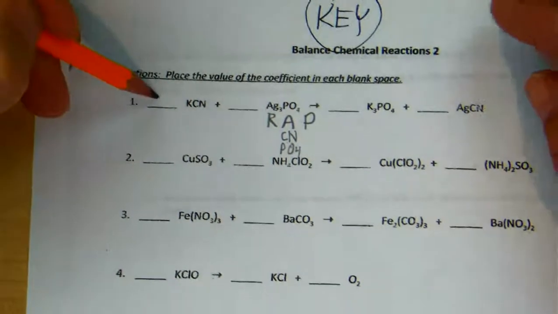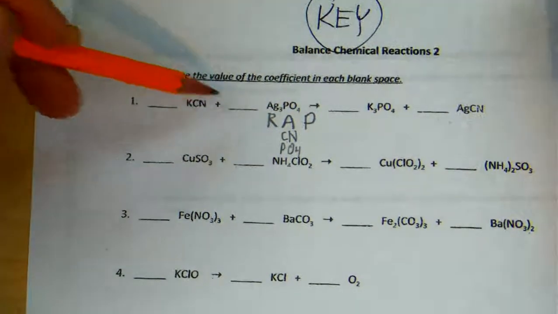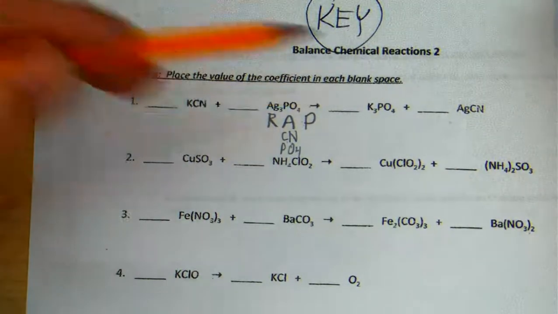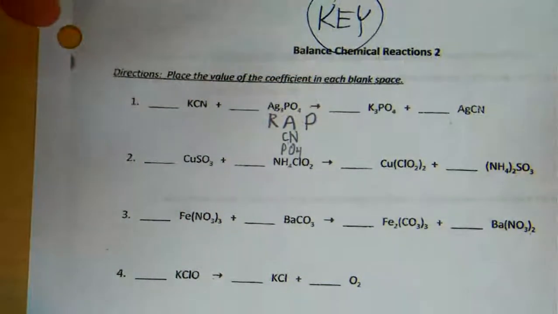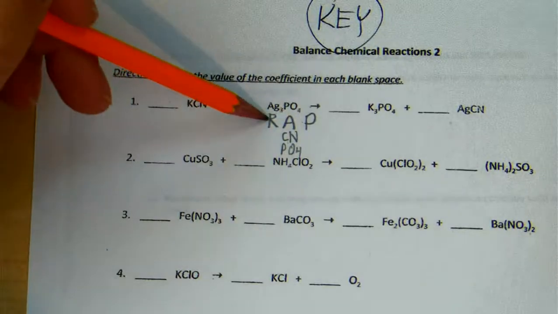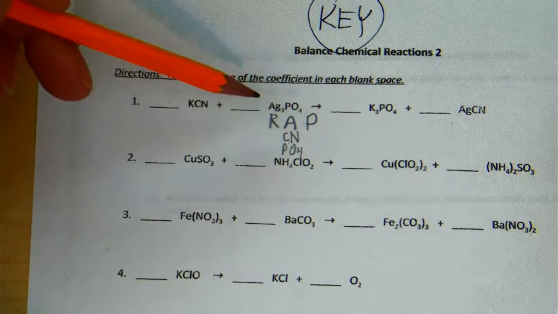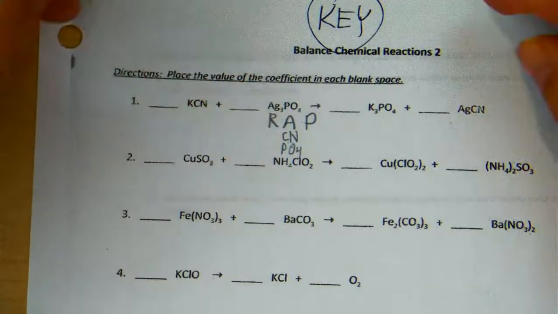And what we want to do is adjust by whole numbers. The coefficients are implied to be 1 unless we increase them. Adjust the coefficients so that we end up with the same number of each atom on both the reactant and product side, the same number of each polyatomic ion on both the reactant and product side.